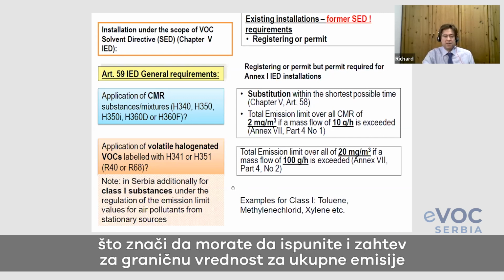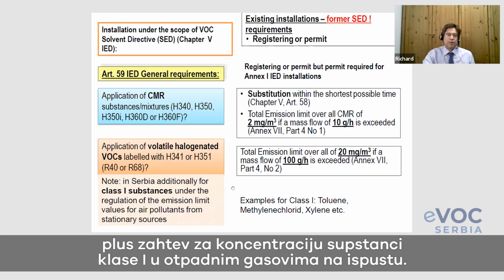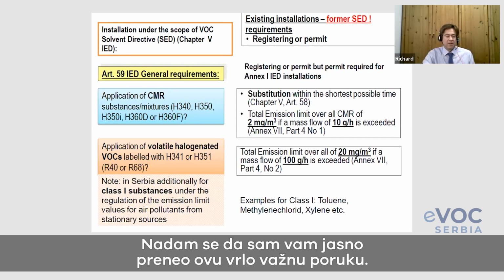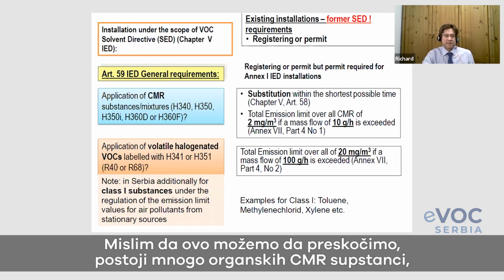In other words, you have to comply with the total emission limit value, plus you must then take care of compliance with the stack emissions for these Serbian class 1 substances. I hope that is really an important message. I hope I could make it understandable for you.